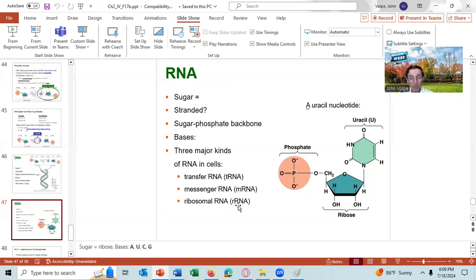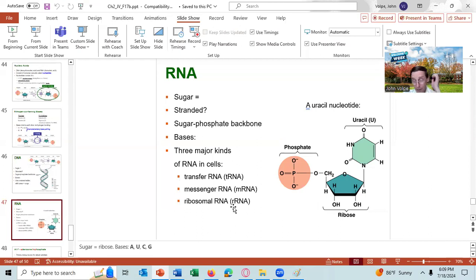And then the ribosomal RNA is important in making the ribosome. The rRNA gets together with the ribosomal protein to make the ribosome. And the ribosome is what's allowing protein translation to occur, meaning protein translation only occurs at a ribosome. And you need all three of these types of RNA to come together to translate the protein.